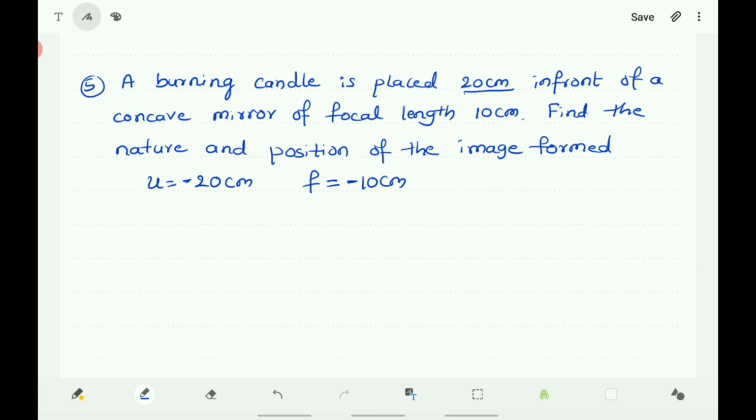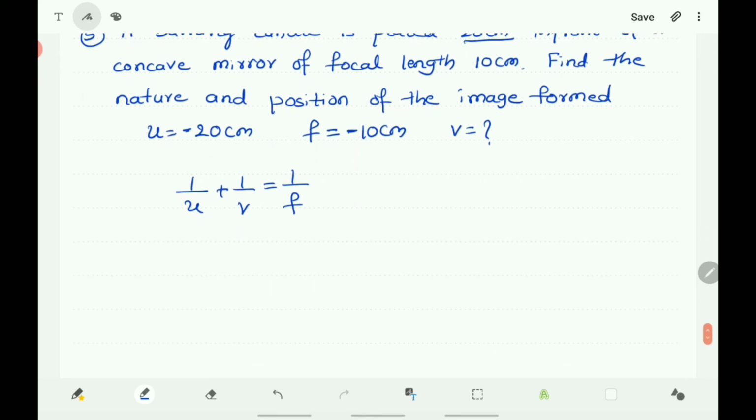For concave mirror the focal length is negative, so f is equals to minus 10 centimeter. And here we have to find out the nature and position of the image. Position of the image means, that is v is equals to question mark. Write the mirror formula. 1 by u plus 1 by v is equals to 1 by f. 1 by u, that is 1 by minus 20 plus 1 by v is equals to 1 by minus 10.